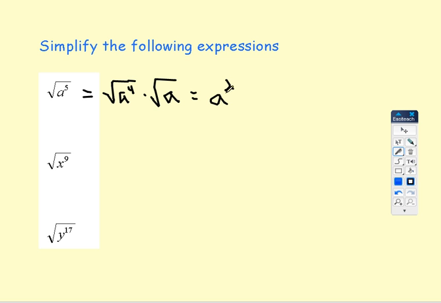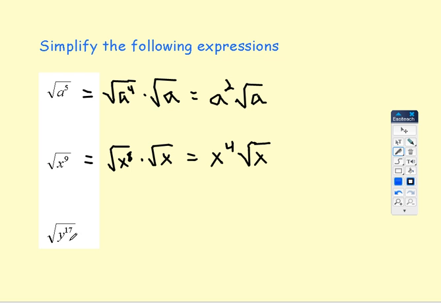I'm left with a on the inside, so the square root of a. Okay, x to the ninth, we can break that down to be x to the eighth times the square root of x. And so then that's x to the fourth square root x. Okay, and if you want to try the square root of y to the 17th, you can do that on your own.